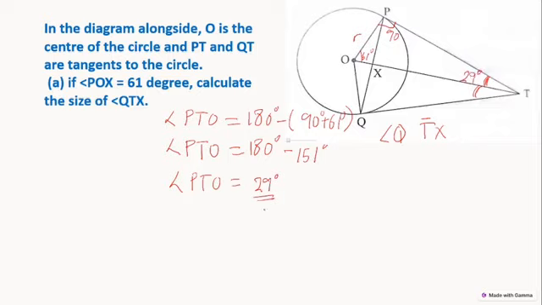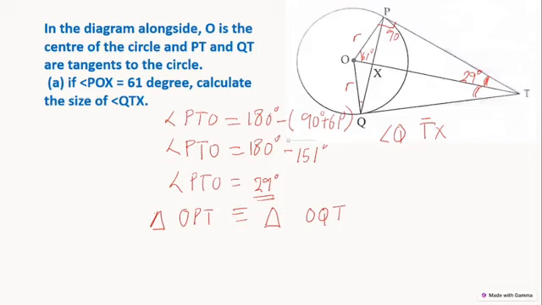Now from here we can make conclusions. I've said that triangle OPT is equivalent to triangle OQT, because even here we have this radius OQ, which is perpendicular to the tangent QT. So even here there is a 90.